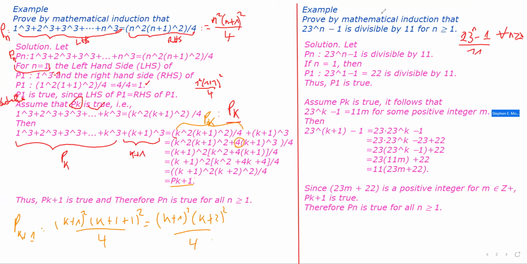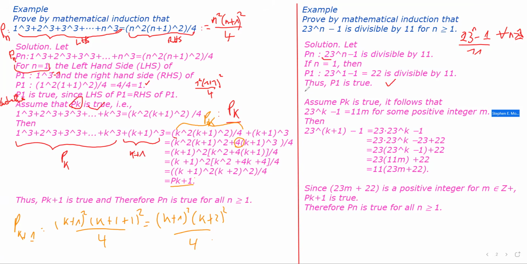This is what we are trying to show here in this example, right? So you need to take your Pn value. Your Pn here is 23 to the power n minus 1 is divisible by 11. Now, if n is equal to 1, then we have 23 to the power 1 minus 1, which is 22, and 22 is divisible by 11. This is true.